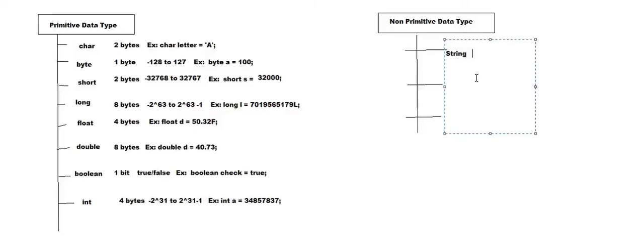String is not a Java keyword, because all the Java keywords start with lowercase, and this is starting with uppercase. So this is not a Java keyword, and this is a non-primitive data type. I will give you the example here.